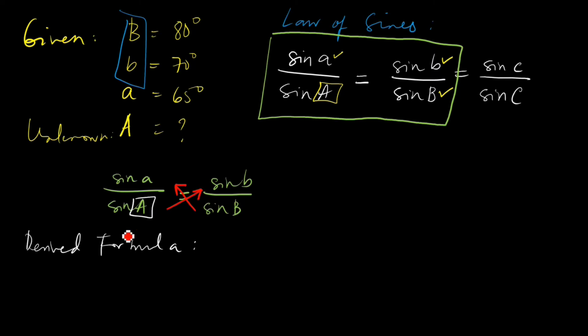On the left, we have sine of small a times the sine of big B, the denominator from the other side, equals the denominator of the left side times the numerator of the right, so sine of small b times sine of big A. You can also write this as sine small a, sine big B equals sine big A times sine small b.